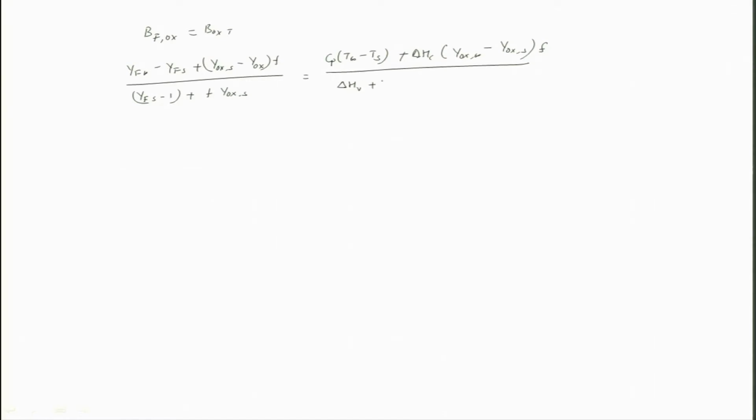In place of Q_L, I am just writing the full term now: Ts minus T infinity plus delta Sc Y_oxygen S.